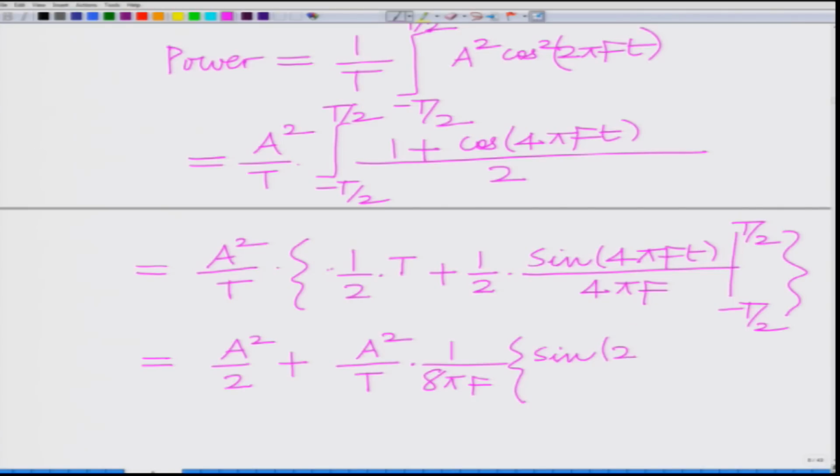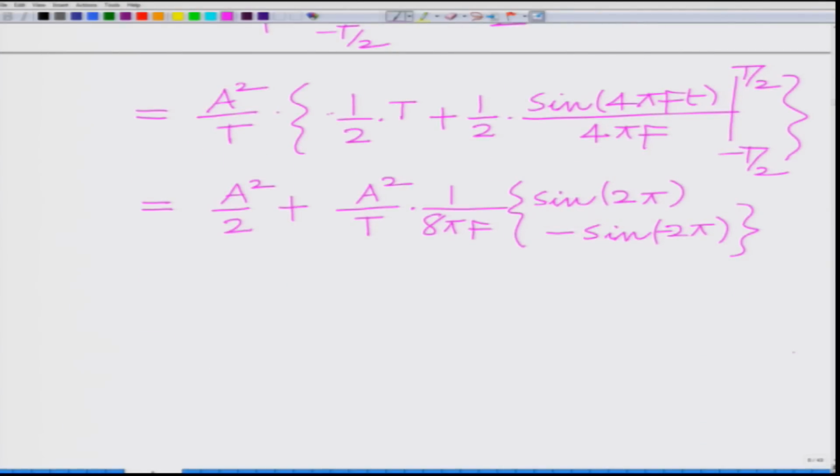So, this is sin 2 pi minus sin 4 pi f t at t equal to minus capital T divided by 2, which equals sin minus 2 pi. You can see that sin 2 pi equals sin minus 2 pi because it is an integer multiple of 2 pi. So, this quantity here equals 0.